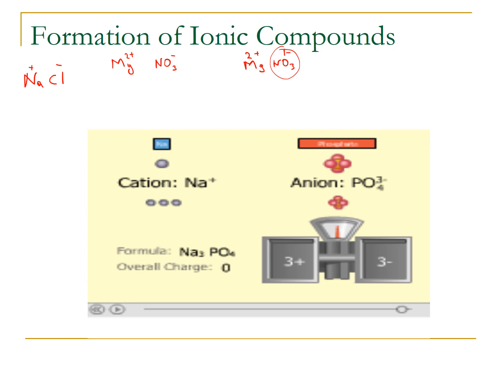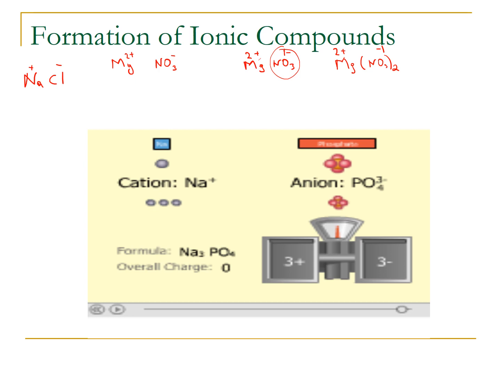You need to now have 2 of these ions to make it overall charge free. So your formula is going to be magnesium NO3 in parentheses 2 times, because again this is +2 and this is -1.